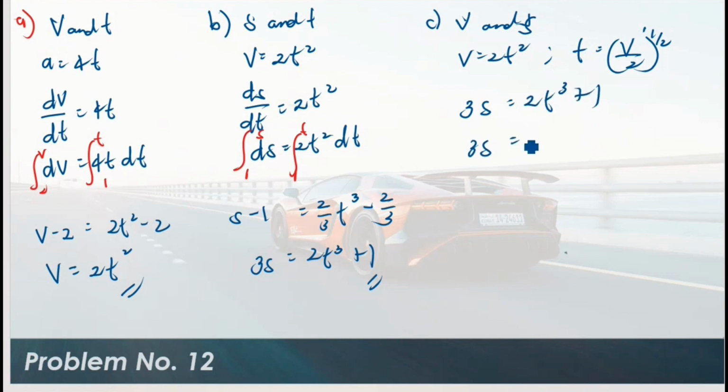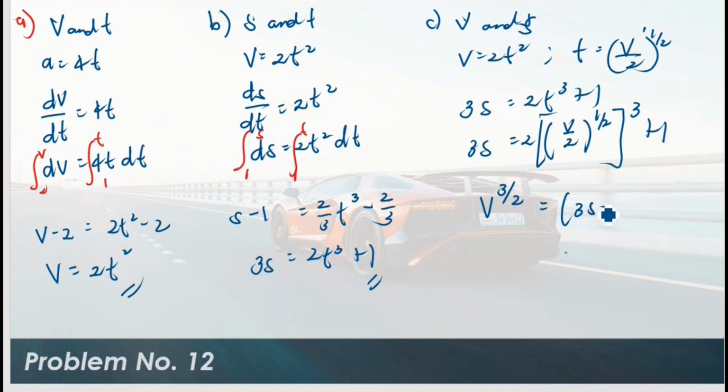So 3s equals 2 multiplied by V over 2 raised to 1/2, raised to 3, plus 1. Therefore, we could have the value of the velocity V raised to 3 over 2 is equal to 3s minus 1, multiplied by square root of 2. And this is the answer for the last relationship.